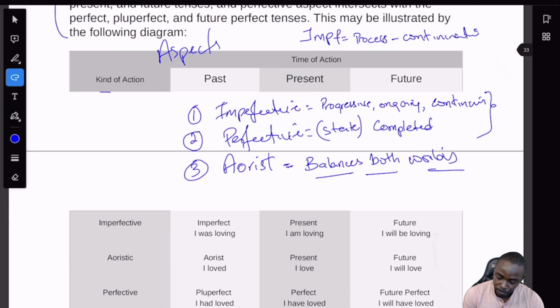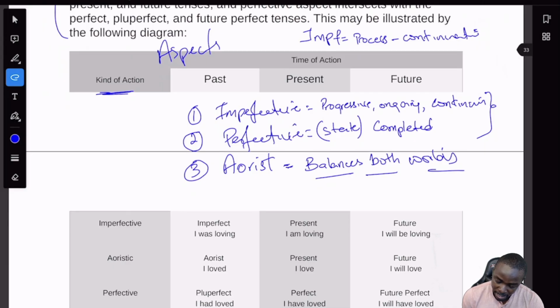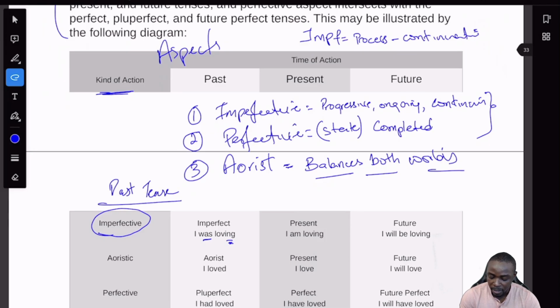Kind of action, right? The imperfective: notice, imperfective, I was loving. Notice the -ing, right? Continuous action, I was loving. Because you're dealing with the imperfective, you're going to want to use the word was, because it's a form of past tense. All of these, to some degree, are forms of past tenses.